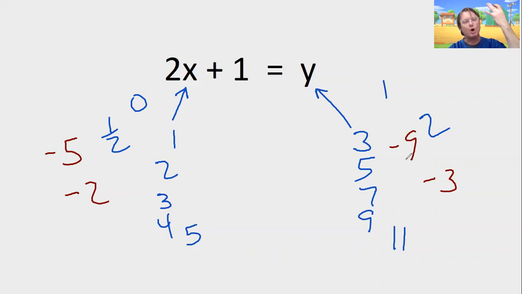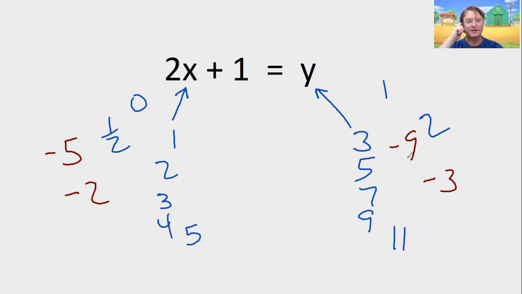Good. So these are all considered solutions to the equation. Okay? They are. And we can call these two values a solution to the equation.